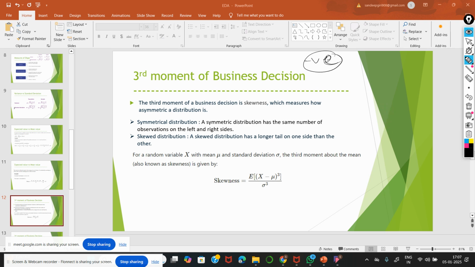Can standard deviation be negative? Why? Okay, just go to that formula.